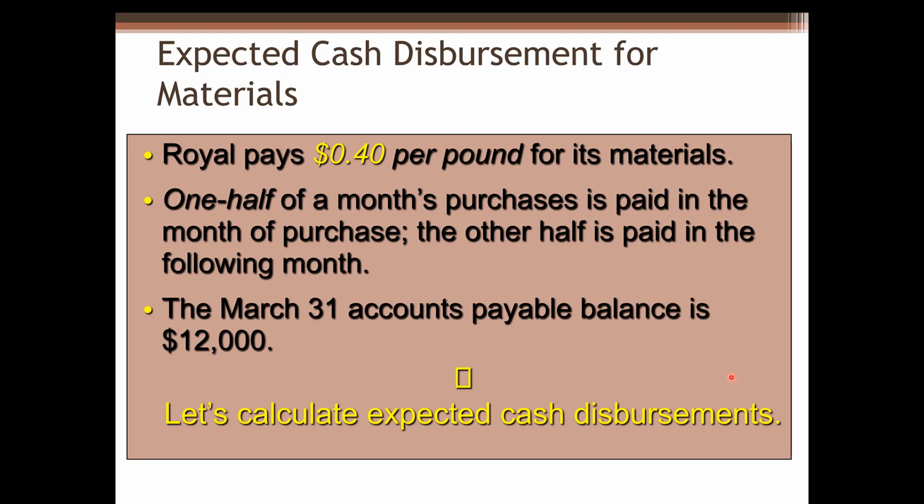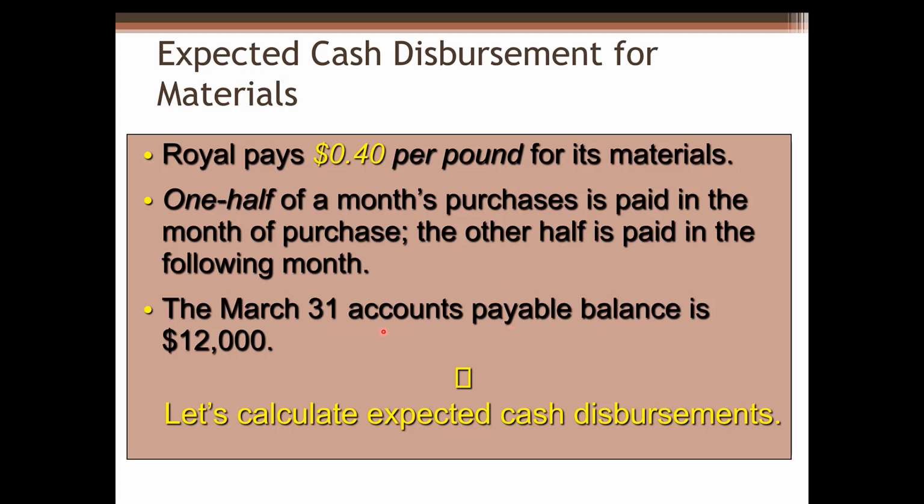Let's take a look at expected cash disbursements for materials. Royer pays 40 cents per pound for its materials. One half of the month's purchases is paid in the month of purchase, and the other half is paid in the following month.